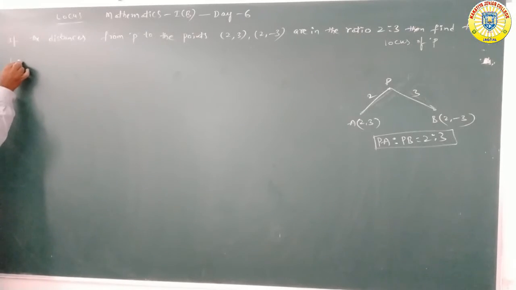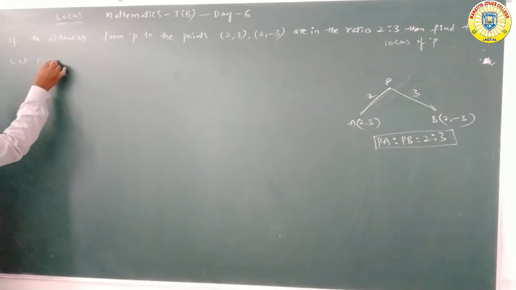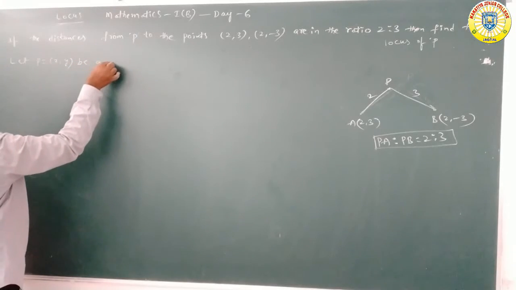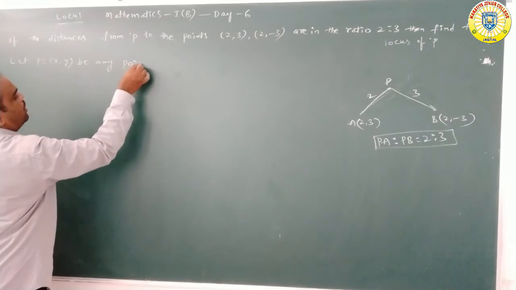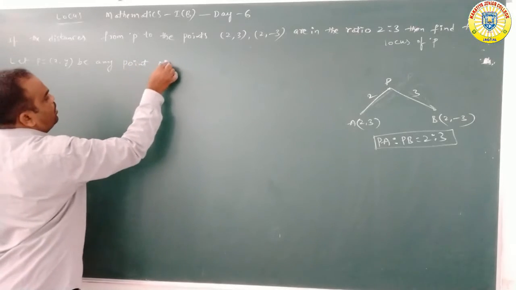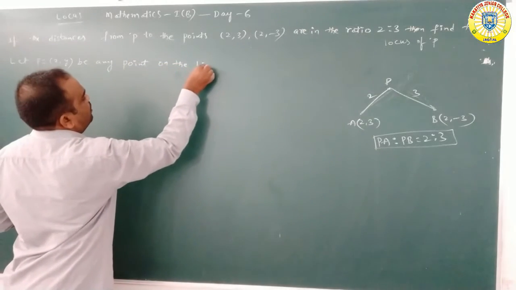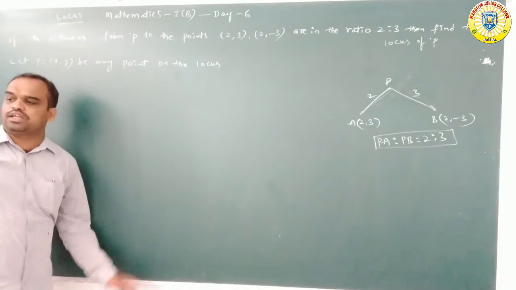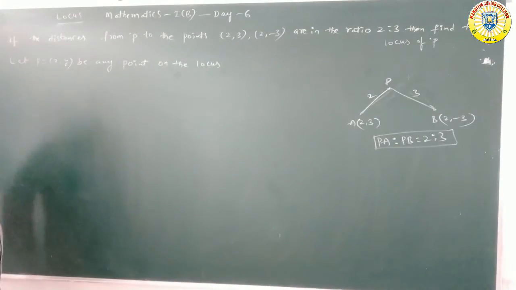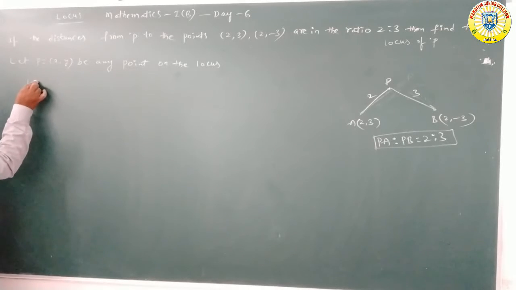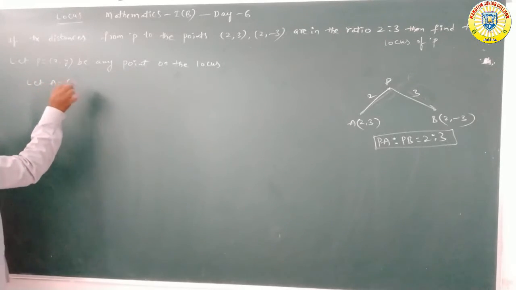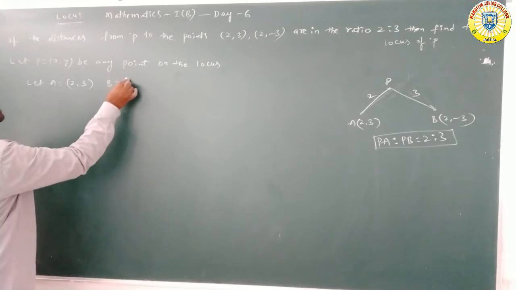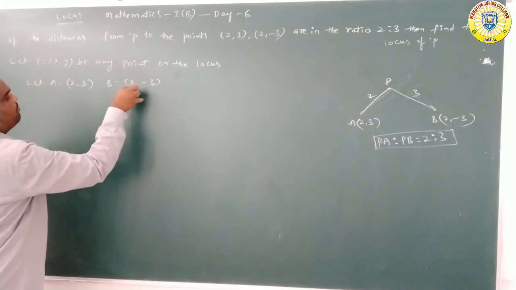Let P = (x, y) be any point on the locus. Let A = (2, 3) and B = (2, −3).